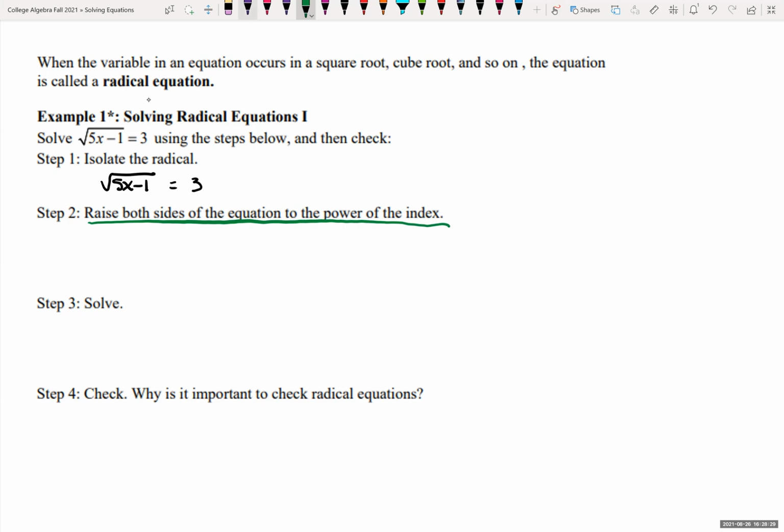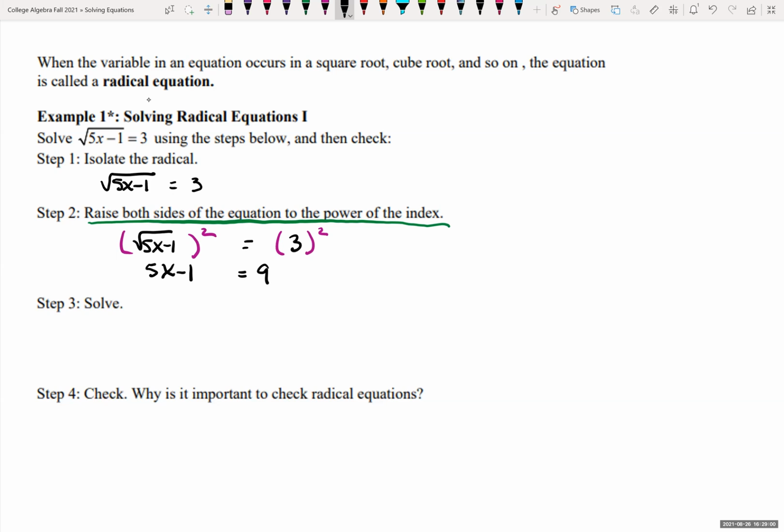In our case, we're going to square both sides. Squaring the square root cancels out the radical, just leaving us with the radicand, which was underneath the radical. So in this case, 5x minus 1 equals, and then we squared the 3, so we get 9.